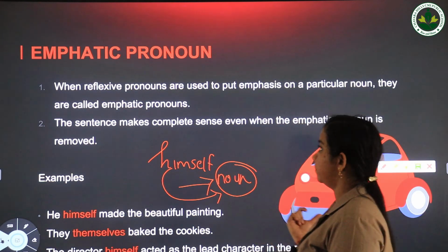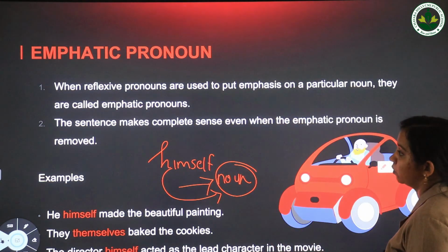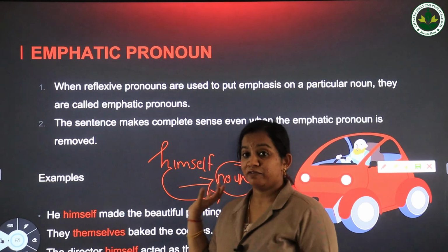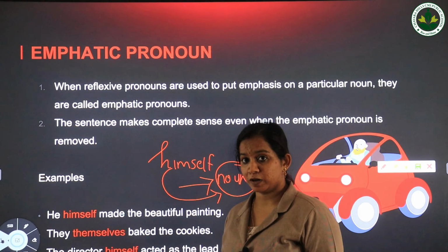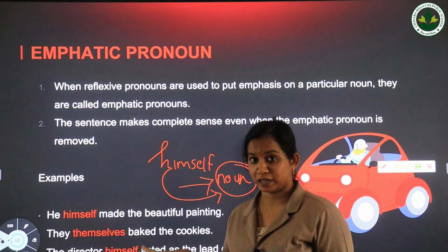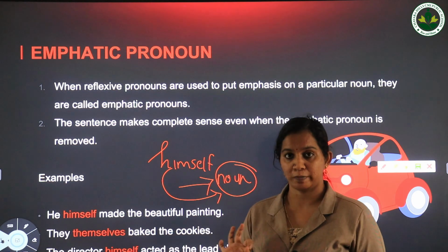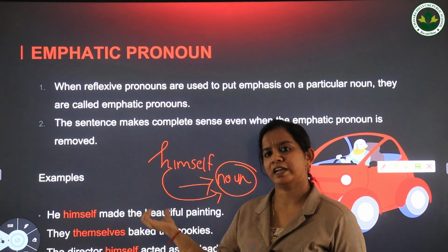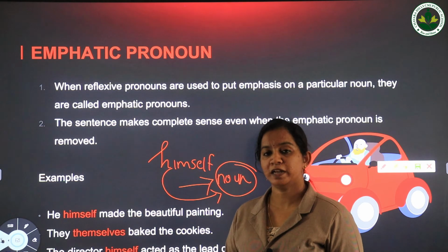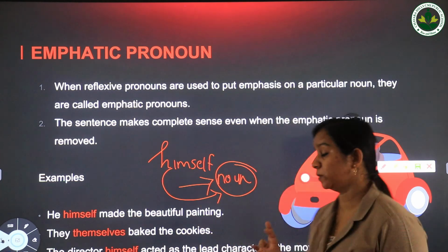The sentence makes complete sense even when the emphatic pronoun is removed. When it comes to a reflexive pronoun, if it is removed from a sentence, the meaning will be incomplete. But if we remove an emphatic pronoun from a sentence, the meaning does not change. So that is the difference between these two.